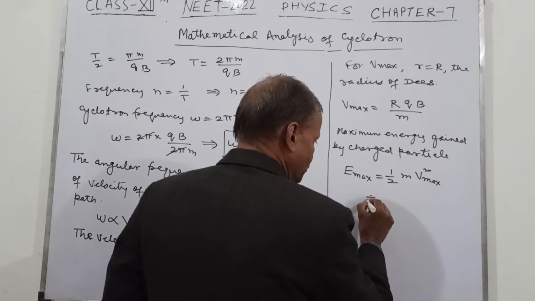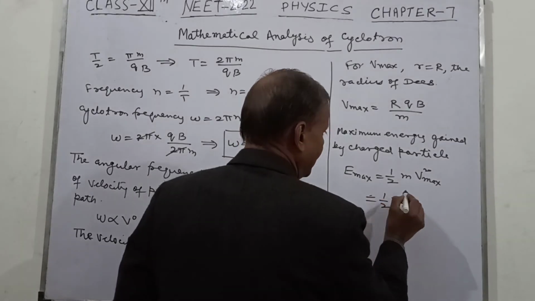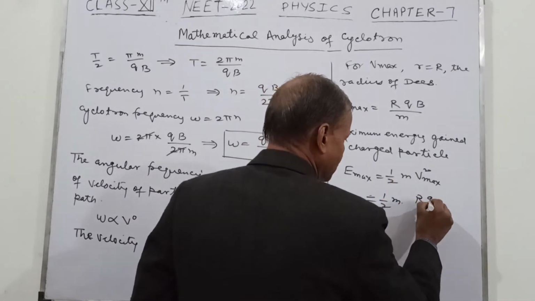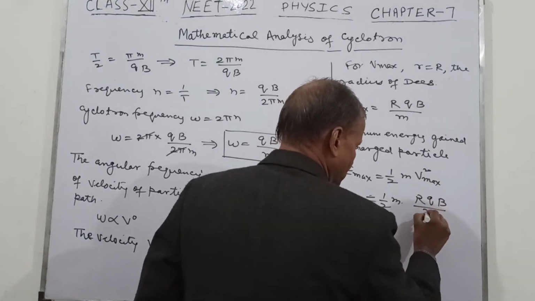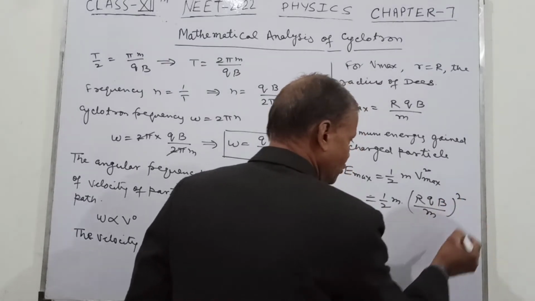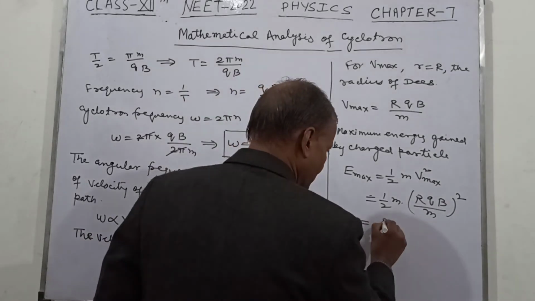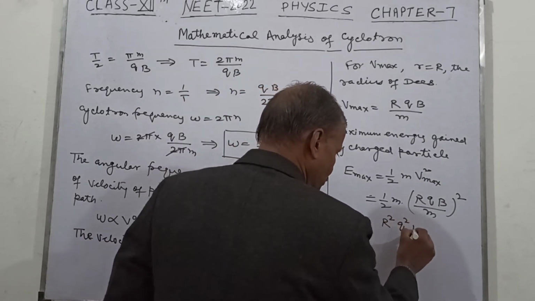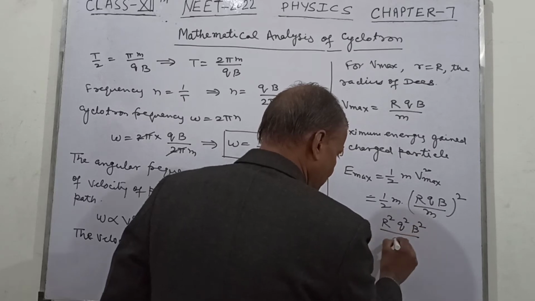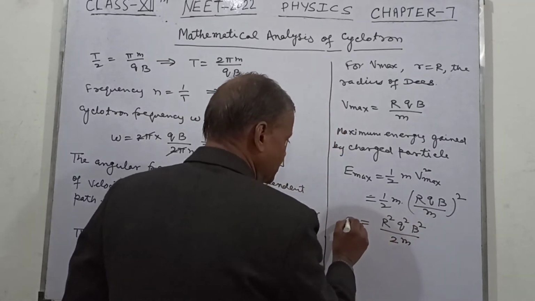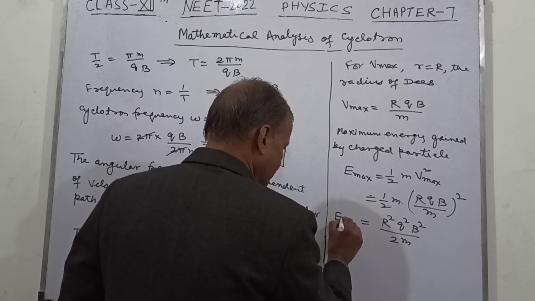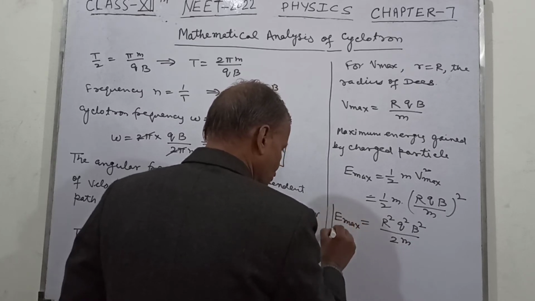So this is equal to half m, and v maximum is equal to R q B upon m, now whole square. So this is equal to R square q square B square upon 2m. This is equal to E maximum. So much energy.